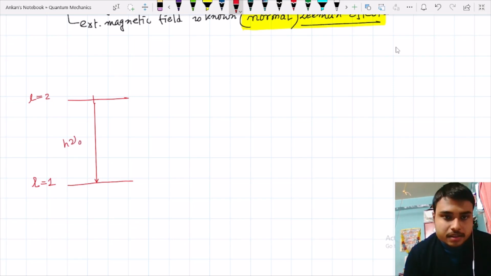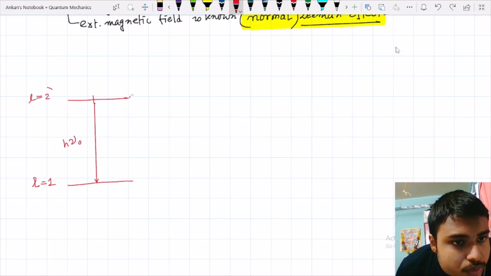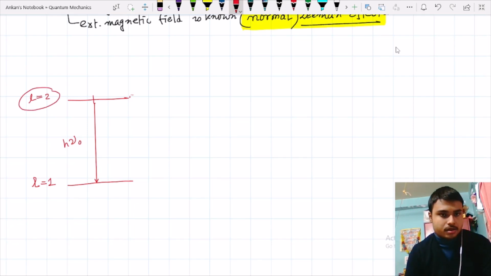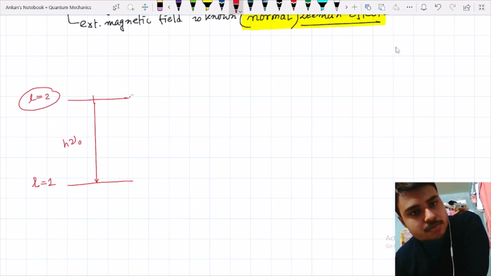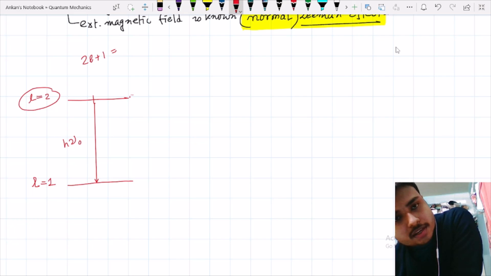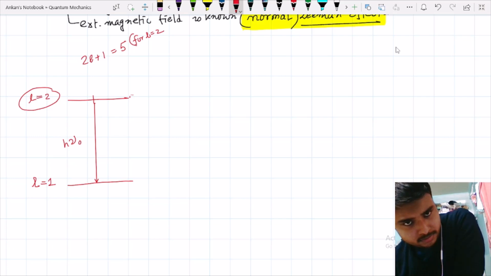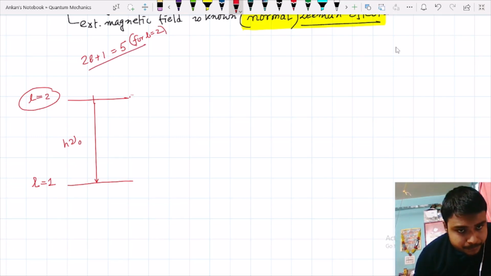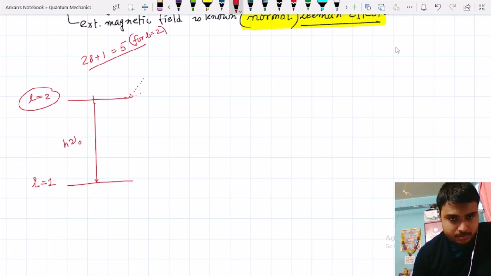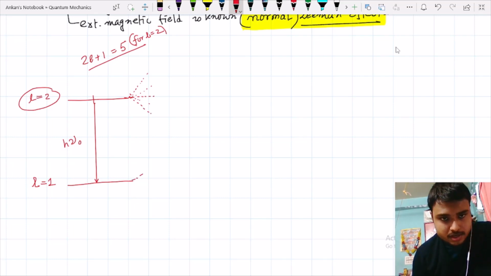But this can also split up on the application of a magnetic field, into 2L plus 1 components. Here L equal to 2, so this can split up into 5 components, and this can split up into 3 components.